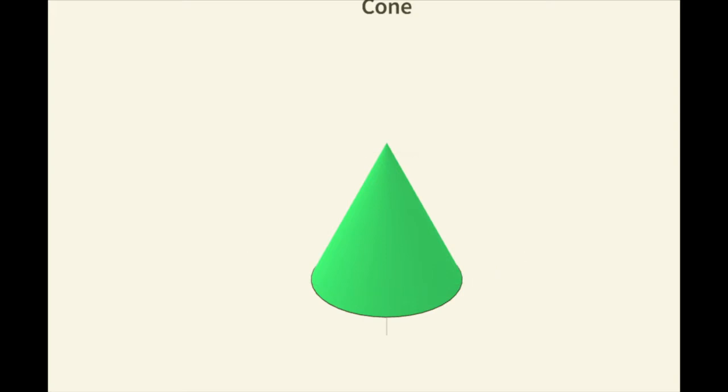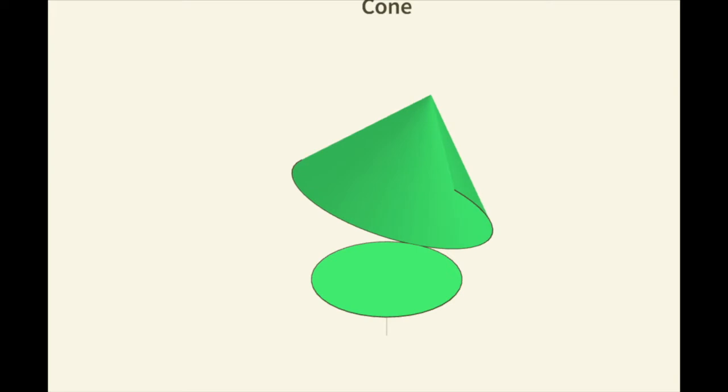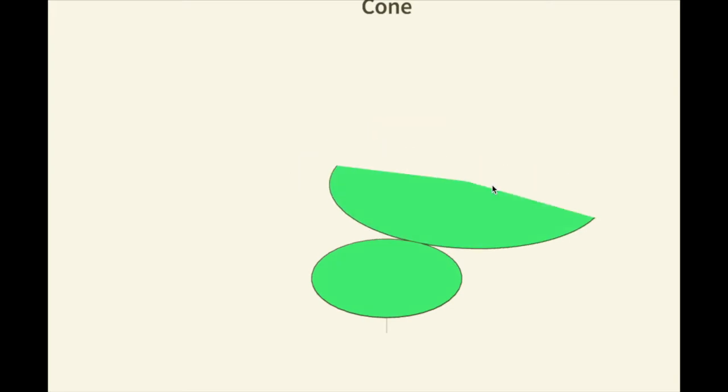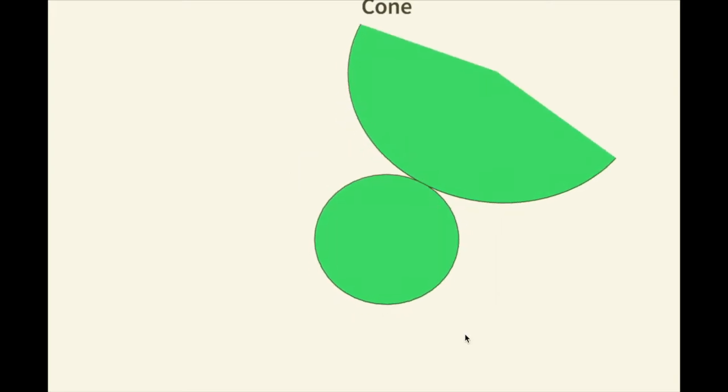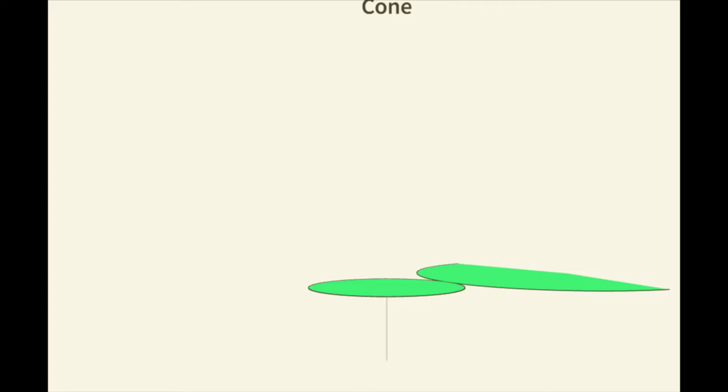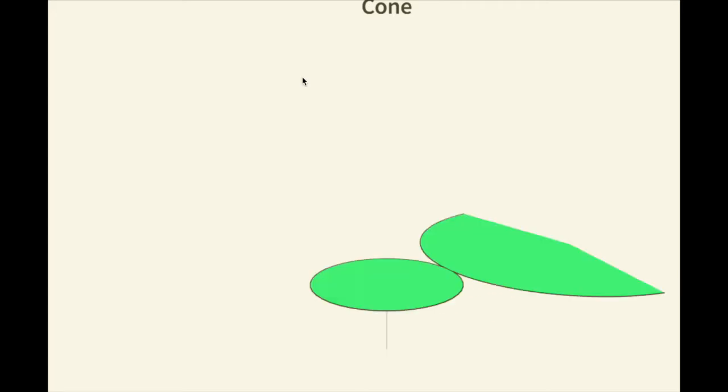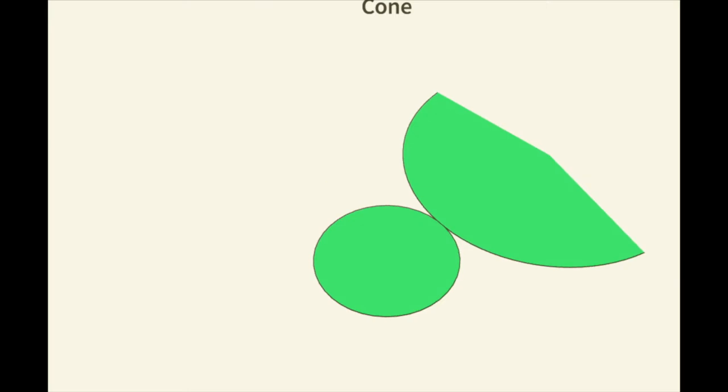The bottom was already a circle and the top part of it is somewhat close to a semicircle. It's not a full semicircle, it's a little bit shorter. And yeah, exactly, that was the point.